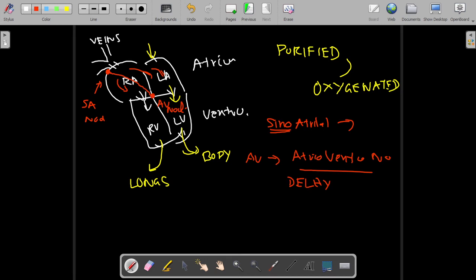This is mainly because you have two pumps, a first pump over here and a second pump over here. For the synchronization between the two pumps, we provided delay, so the AV node acts as a delay node. From the AV node the impulse travels via the ventricles.